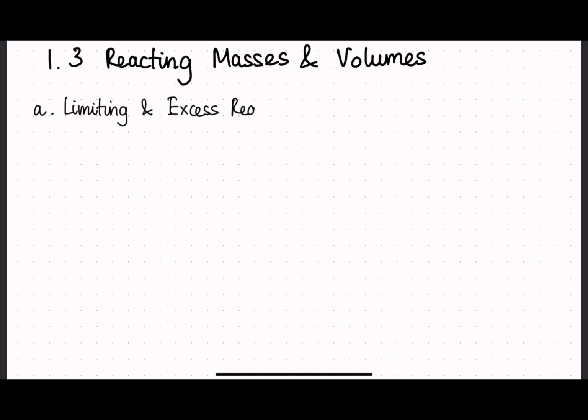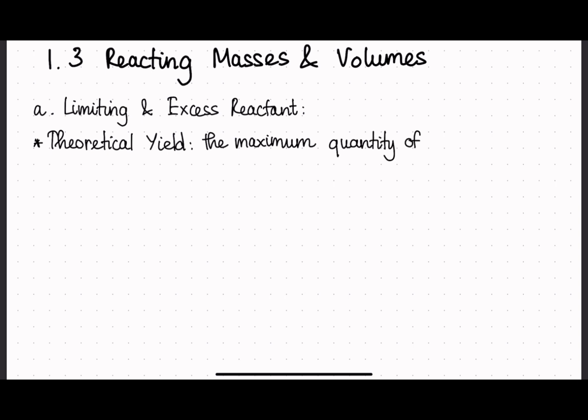The three definitions that we need to remember in this subtopic, the first one is theoretical yield. Theoretical yield is just a term to describe the maximum quantity of products that can be obtained from given quantities of reactants, assuming completion.